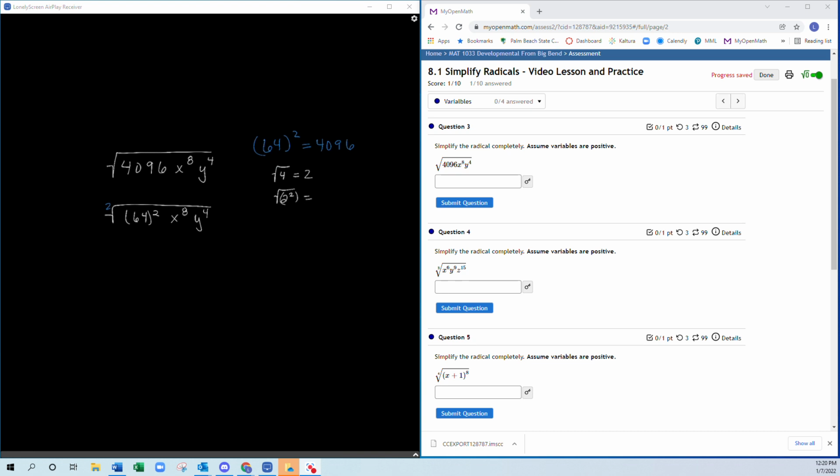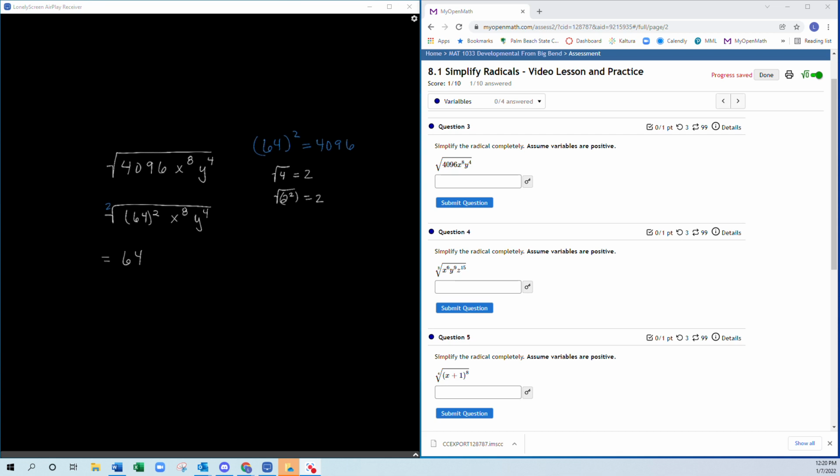The square root undoes the process of squaring. What you're really doing here is dividing by the exponents of what you have underneath the radicand. So all of this is just going to equal 64 for the number.